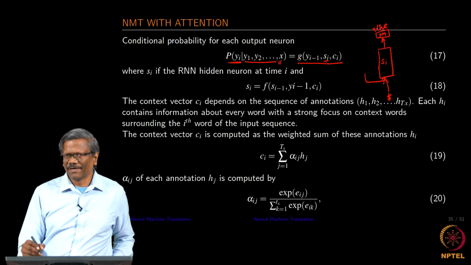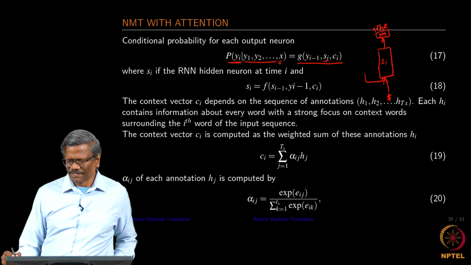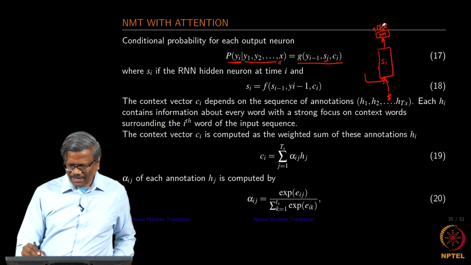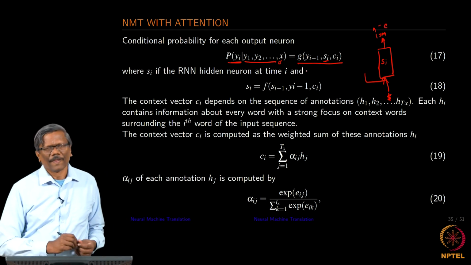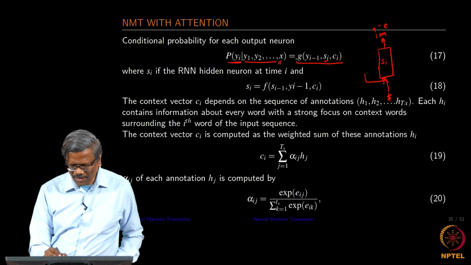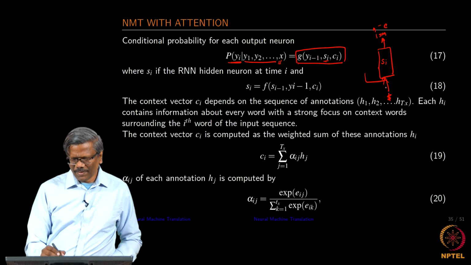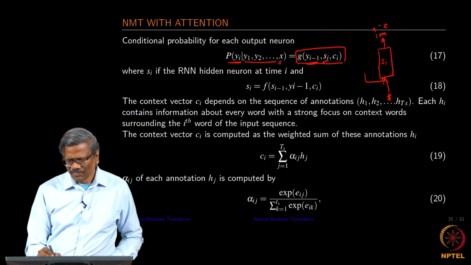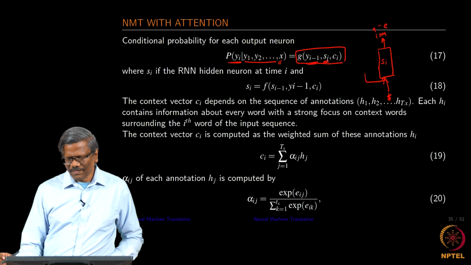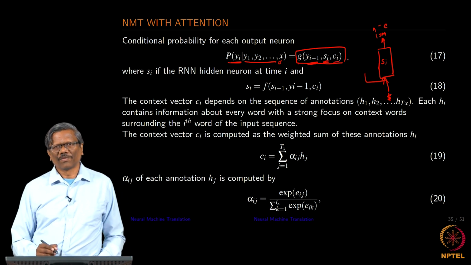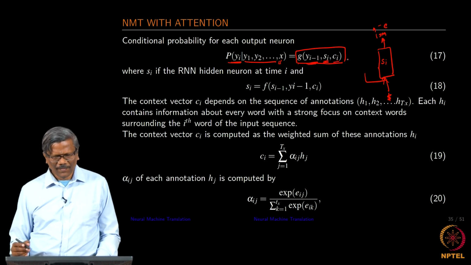Okay. So, this is the standard network architecture you would have seen, correct, and this is what we are going to be using. Okay. So, the output word in the decoder depends on the previous word, the hidden state and the context coming in from the encoder.